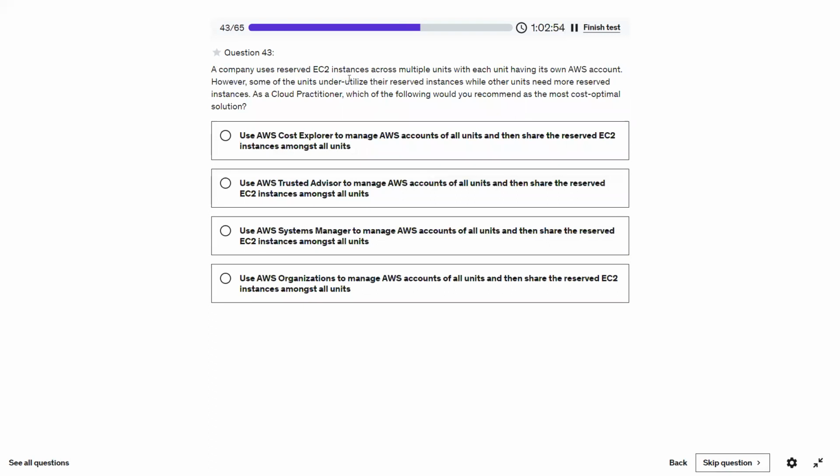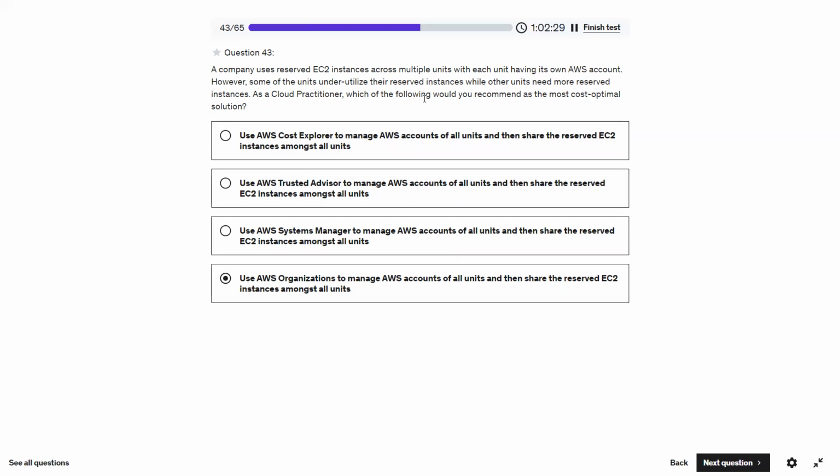A company uses reserved EC2 instances across multiple units, with each unit having its own AWS account. However, some of the units are underutilizing their reserved instances, while others need more reserved instances. Okay, so they can use AWS Organizations.